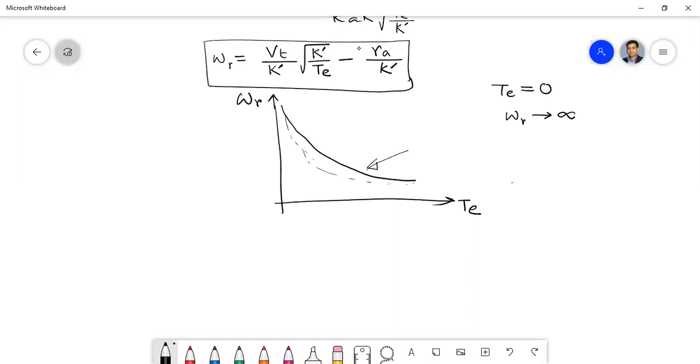Generally in case of this type of aerodynamic load, the torque becomes proportional to the square of the speed, or if you represent speed by omega, it is omega squared. If that is the speed torque characteristic provided by an aerodynamic expert, what type of characteristic will we get in this case?